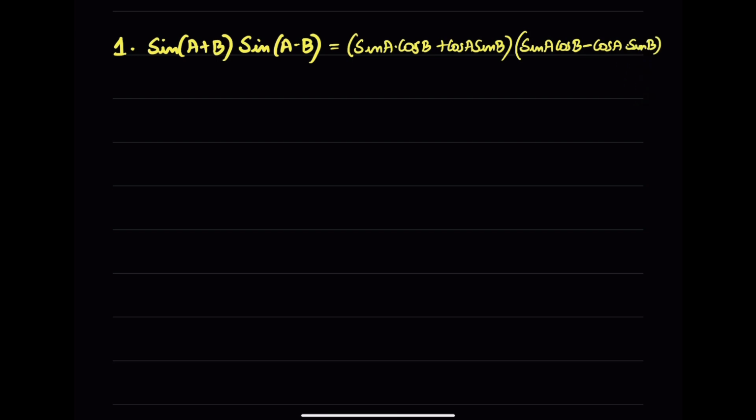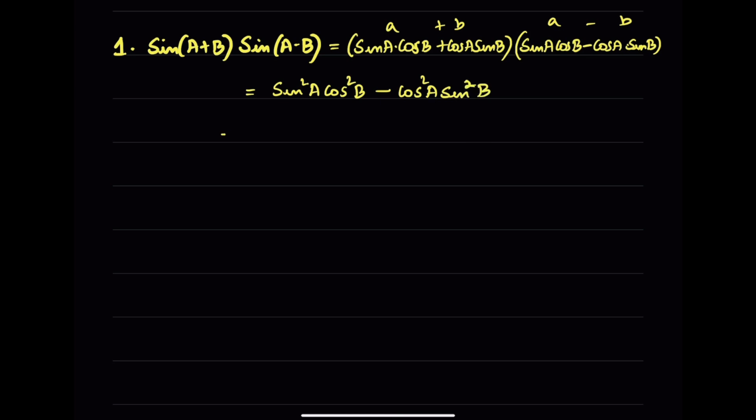This is for the second part. Now if you notice here, this is a plus b and a minus b. That's the format, so we can write this as a² − b², which is sin² a cos² b − cos² a sin² b.